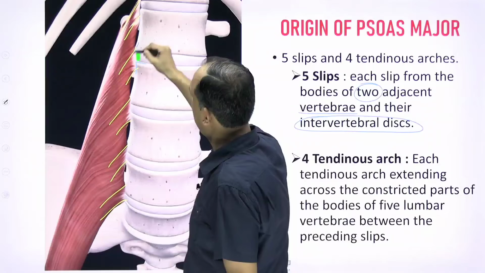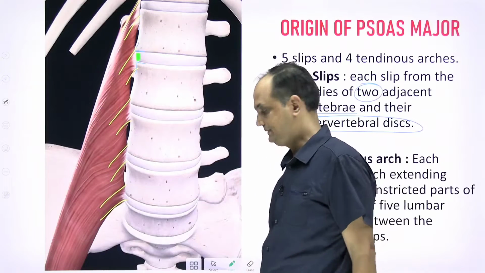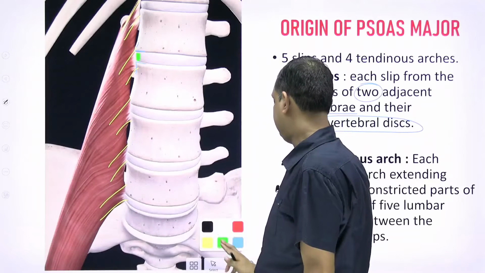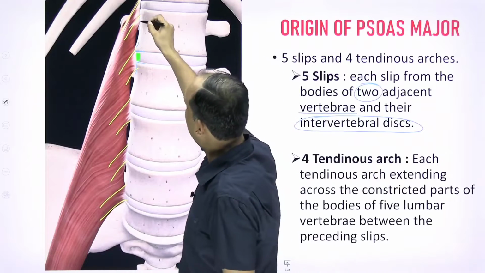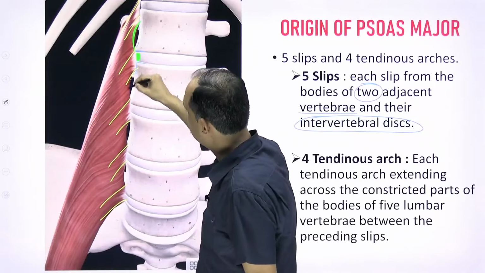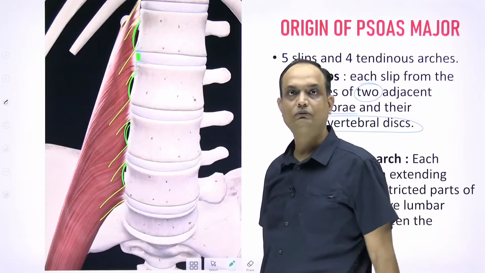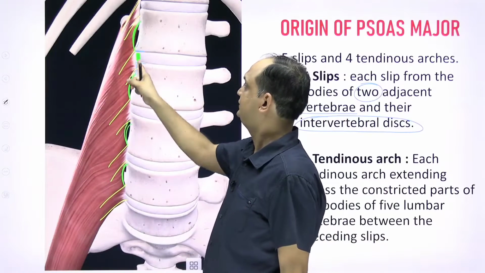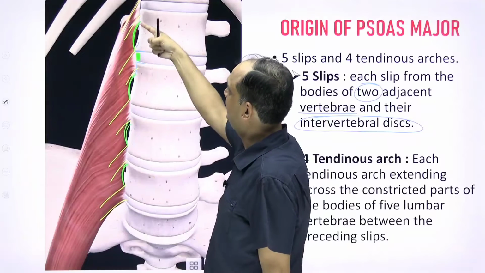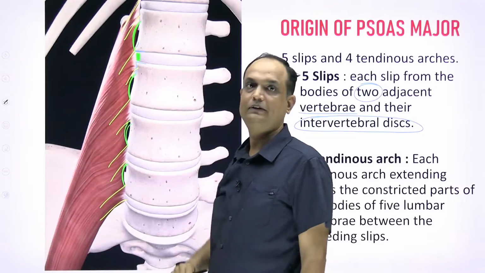So there are 1, 2, 3, 4, 5 slips, and these slips are connected with each other with the help of these arches, which are known as tendinous arches. So what is the origin of psoas major? From the 5 slips and from the arches. Now what is the slip?